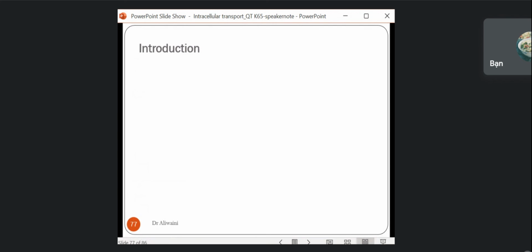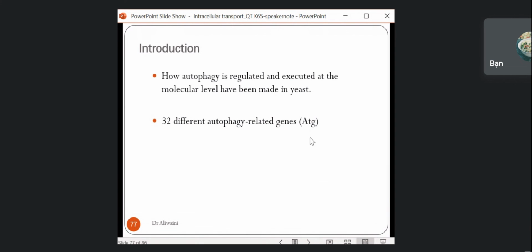And how can autophagy take place inside the cell? For now, scientists have identified about 32 different autophagy-related genes. They call them ATG, that means autophagy-related gene. And all of these genes were first identified in yeast. How autophagy is regulated and executed at the molecular level has been studied in yeast cells.